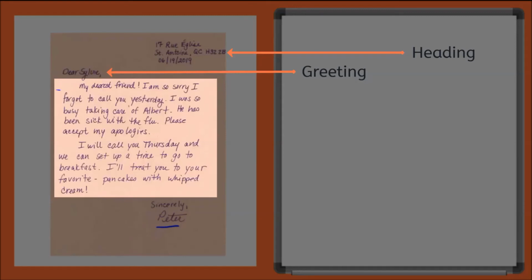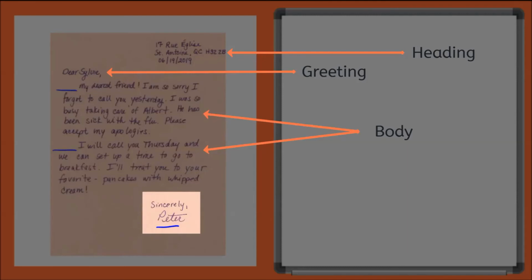Super. And you can see the indents here, so that these two paragraphs give me the body, and here we have the closing and the signature. In the closing, we used sincerely with a capital S, and a comma, and then the signature Peter with a capital P.